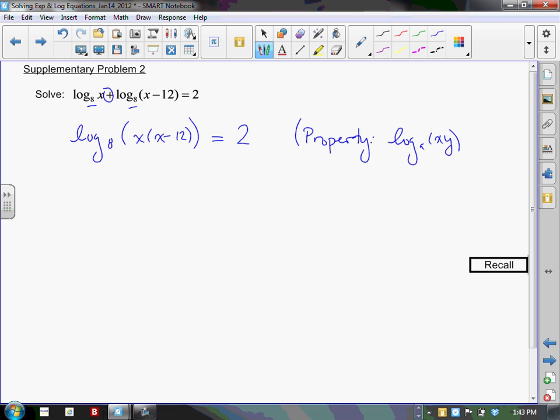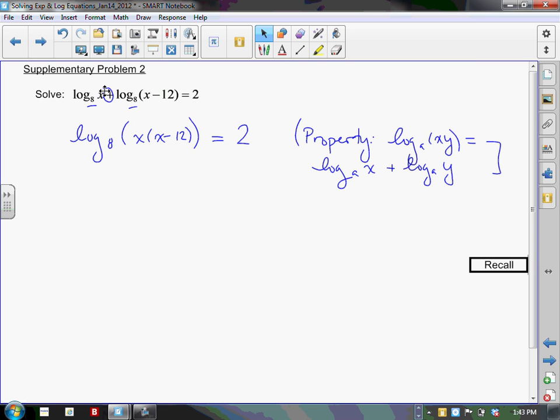So the log of xy to the base a was equal to the log of x to the base a plus log of y to the base a. Okay, so the product law. Now that we have it in this form, what I would ask you to consider is the following.